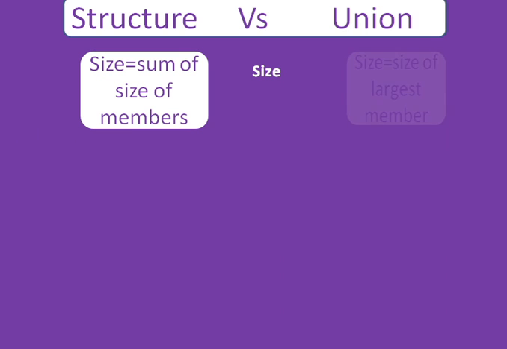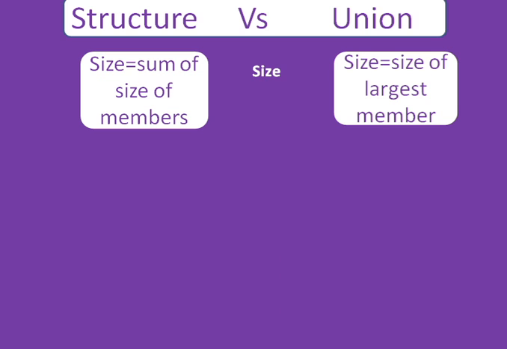In case of union, the size of the union is the size of the largest member available in the union. For example, I have one character variable and one float variable in my union. So the size of the union is the size of the float variable. The variable that occupies the maximum size, that should be the size of the union. But in case of structure, the size is the sum of the sizes of all the members available in the structure.